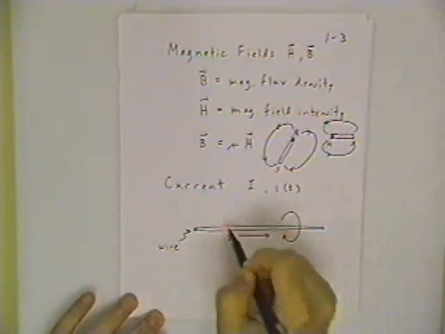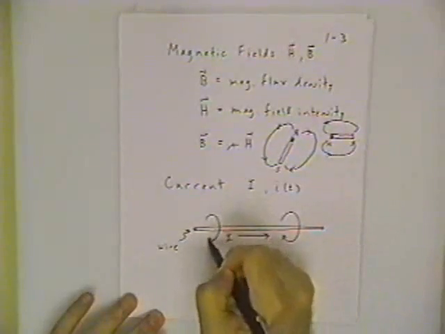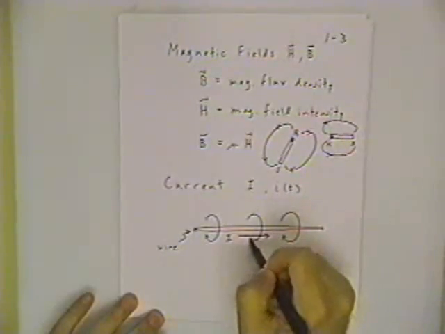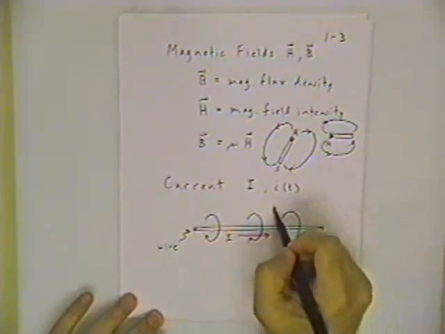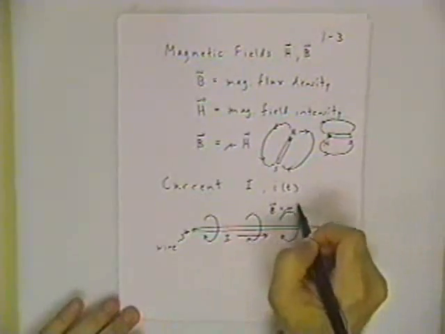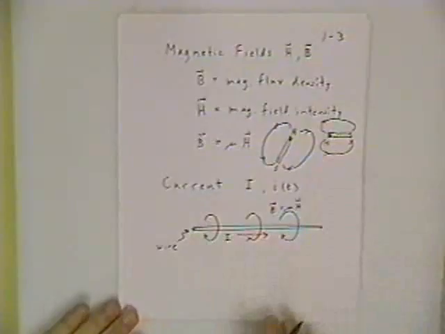Now, I'm going to draw a couple here, but you'll have to imagine that this wire is completely surrounded by magnetic field lines. And this is the magnetic field B equal to mu H that we talked about just before.